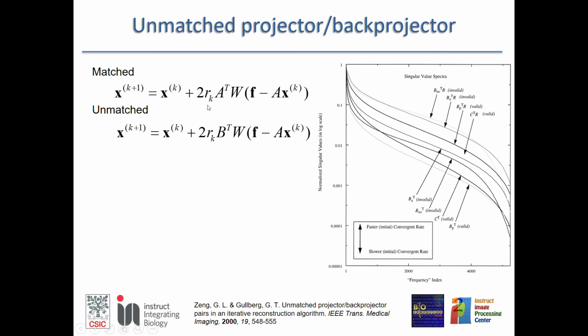So this iterative algorithm is called an unmatched iterative algorithm because the forward model includes projection plus CTF, while the backward model only includes projection. And then there are very nice convergence theorems about the relationship that allows you to reconstruct faithfully, even if you are not correcting for some of the effects.